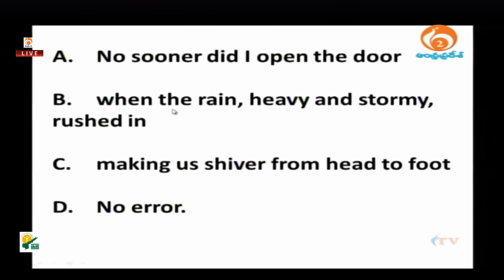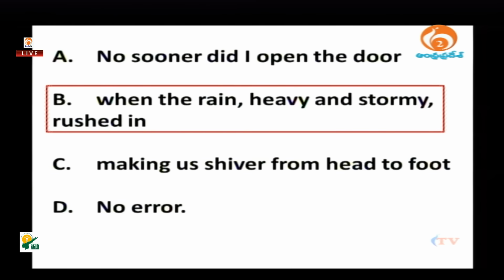I need to say when the heavy rain and stormy weather rushed in, which means grammatically option B is not making sense. It cannot be when the rain, heavy and stormy. The adjective has to come first and then the noun, heavy rain. That's why B will be the answer where there is a grammatical mistake.